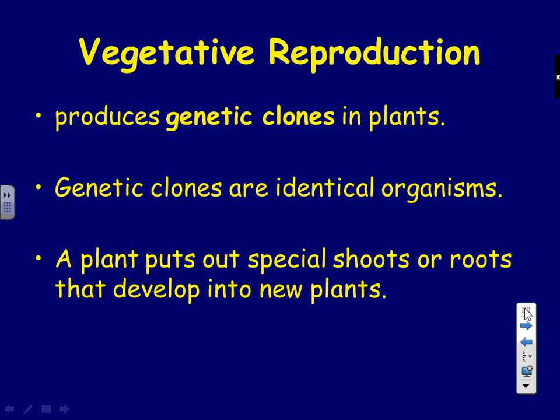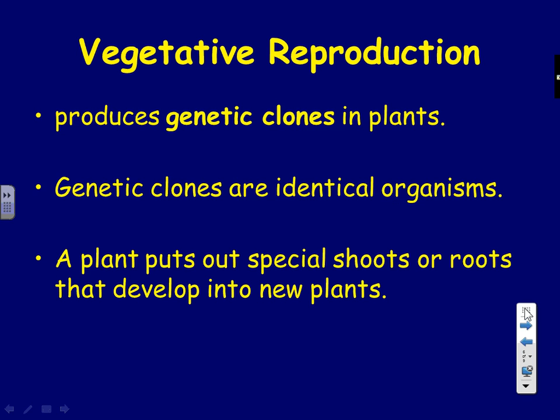And for many plants, we do this. But there is a danger of reproducing plants with genetically identical clones, and they become less resistant to disease. Okay? So examples of some vegetative reproduction plants that you might know of: strawberries.